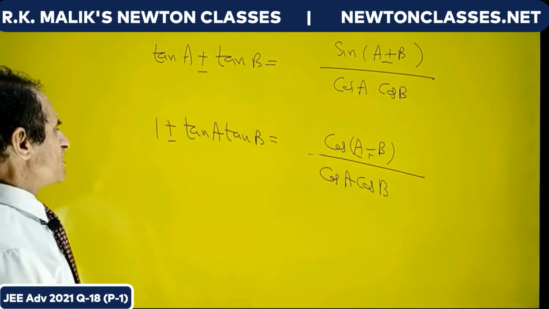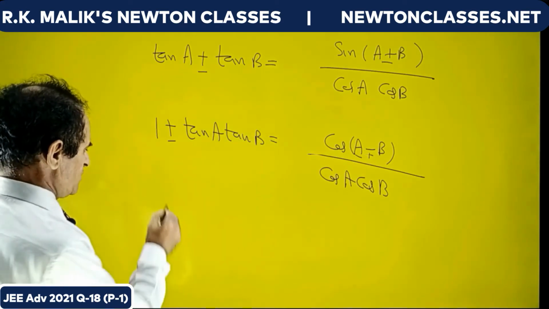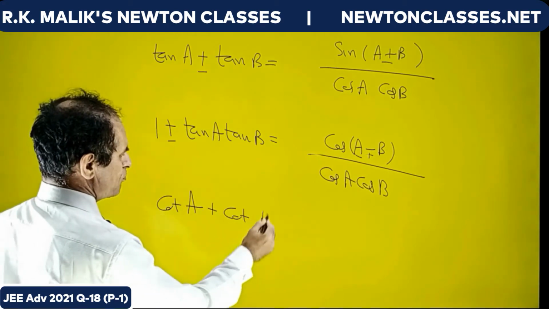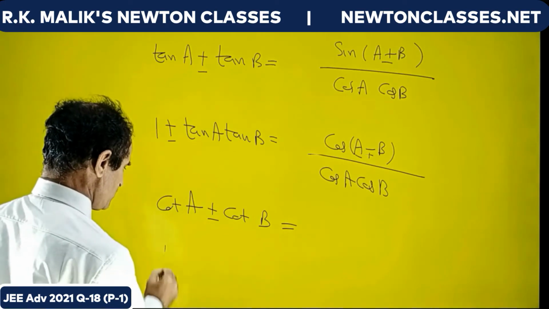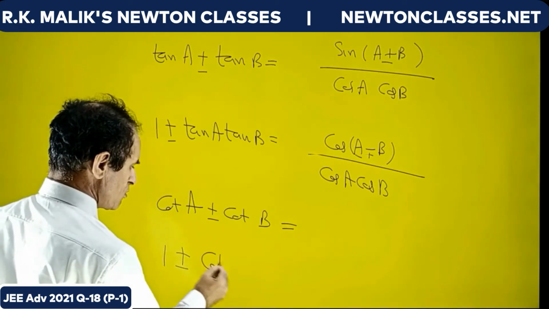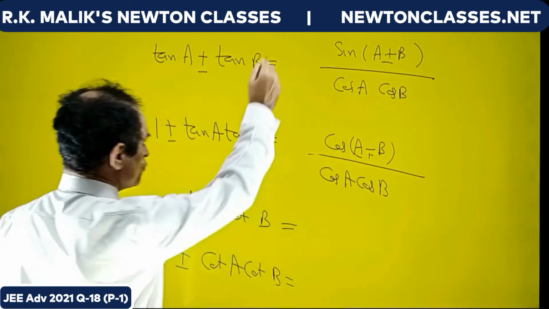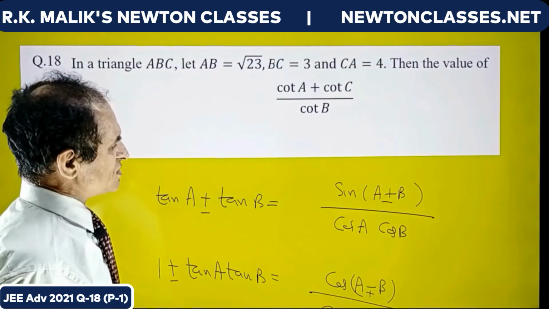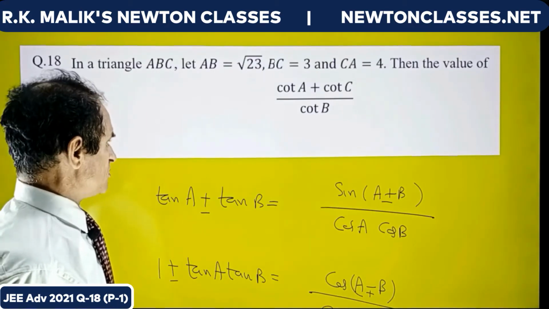Just you have to remember that this can be converted to this form. Similarly, cot A plus minus cot B, you can make this result directly. Similarly, 1 plus minus cot A cot B. Hence, you must remember these results. At least from the JEE Advanced examination point of view, it is good to remember these.